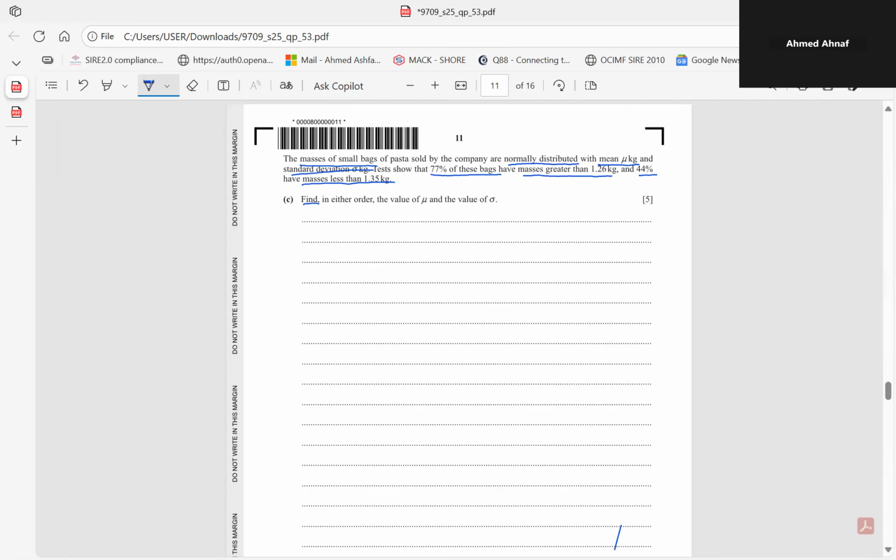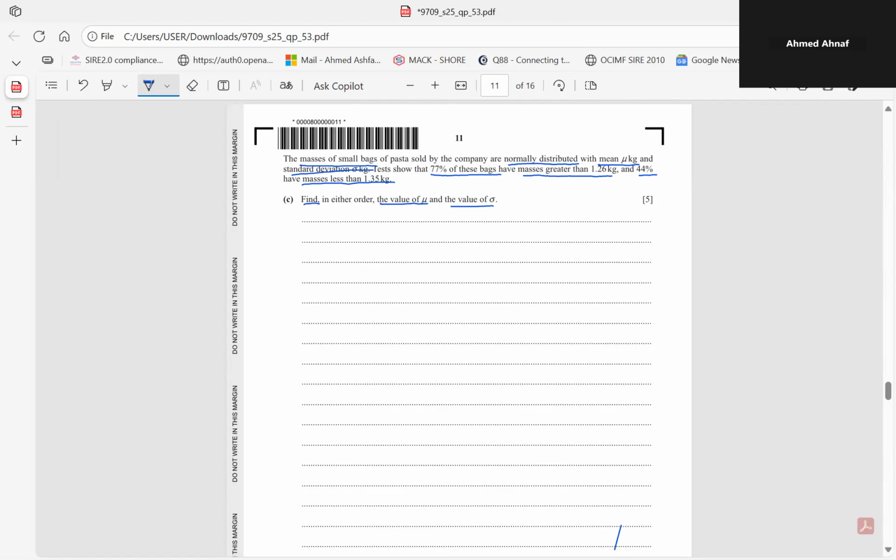So in this part, we have to find in either order the value of mu and the value of sigma. So we can find either mu or sigma first, whichever we want.